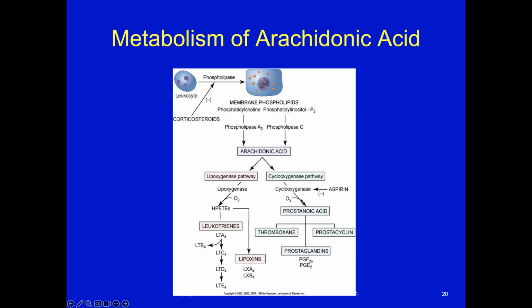And then if you follow the COX pathway, you get to thromboxane. This again is a very important mediator for clotting. Prostaglandins, these are very pro-inflammatory mediators, and they're actually associated with fever and pain. And then prostacyclins over here are the ones that will counteract the effects of the prostaglandins.